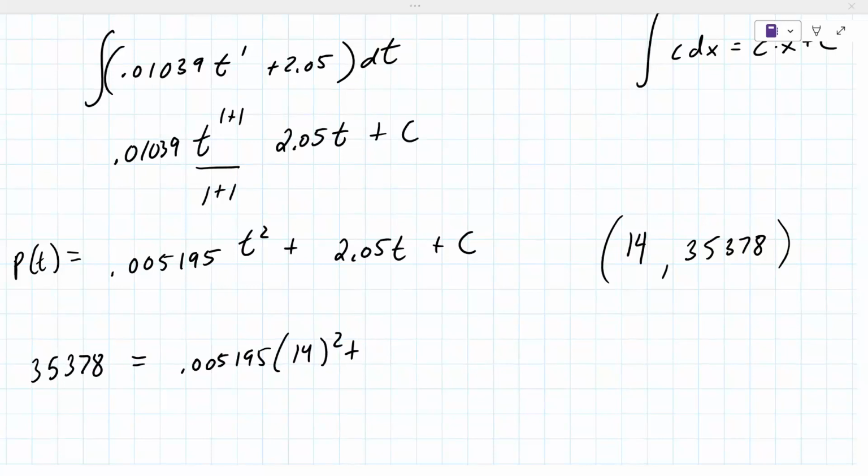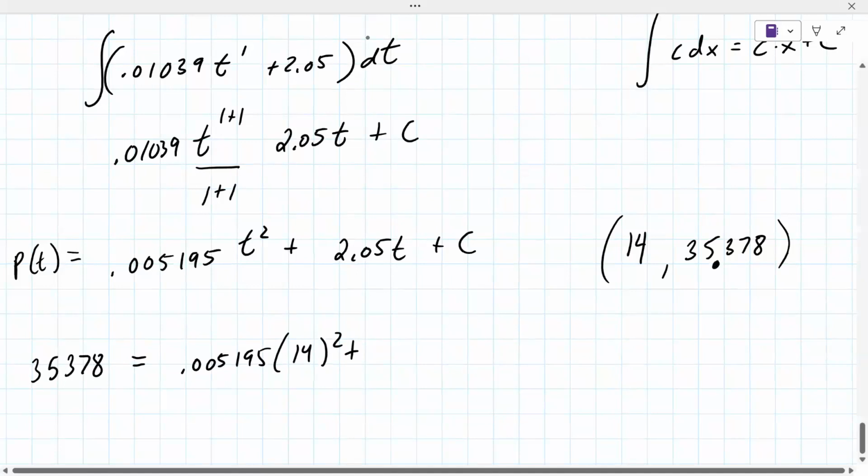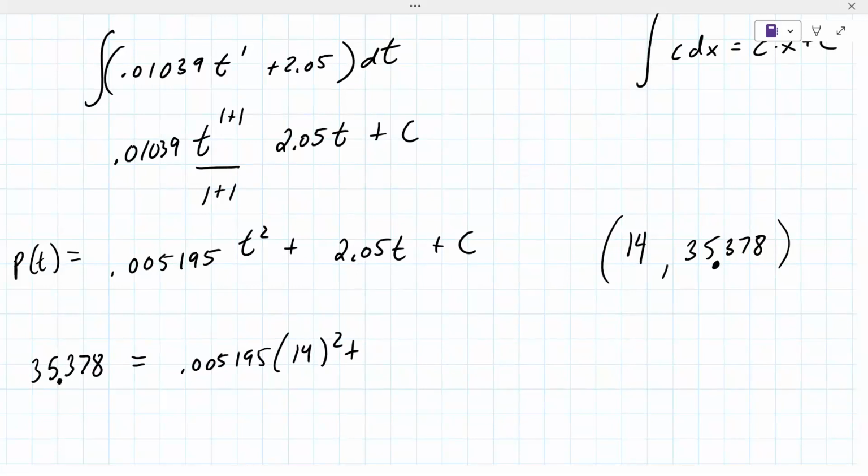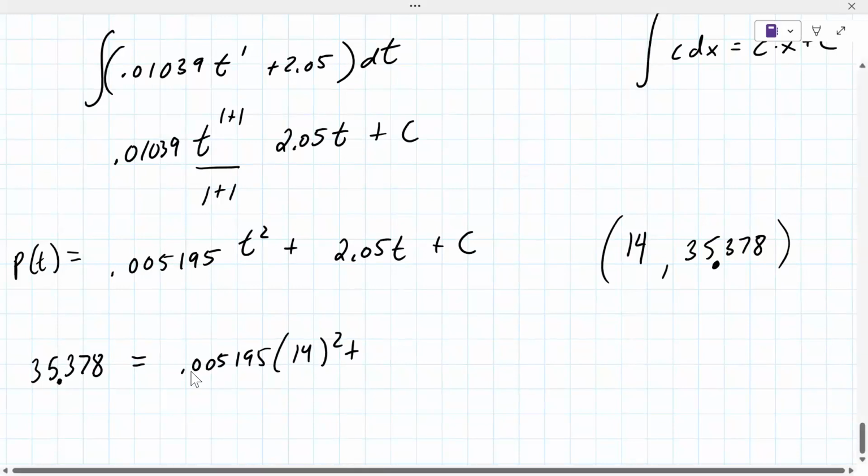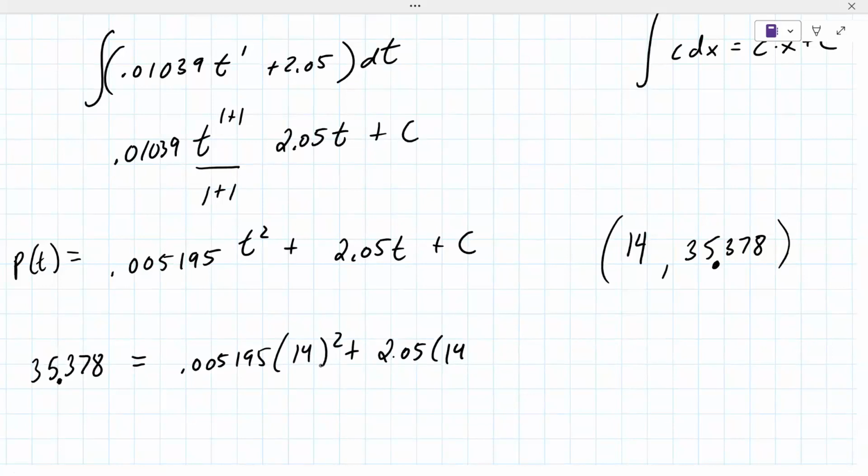Those numbers aren't going to be. All right, yeah, so it's actually 35.378. If you go back and read it, it says in thousands of applications. Because otherwise this won't work out very nicely at all.